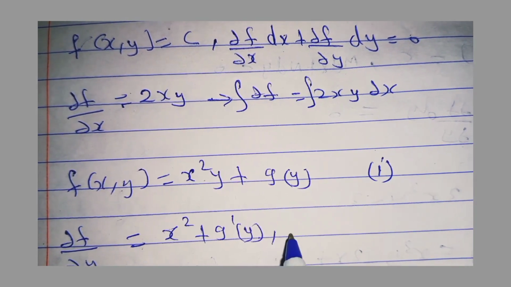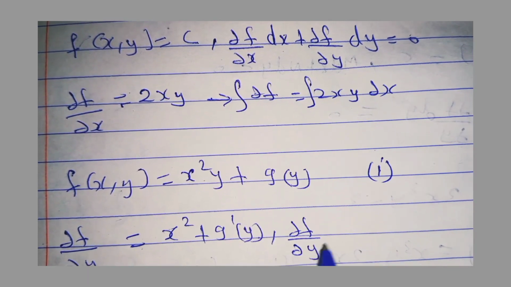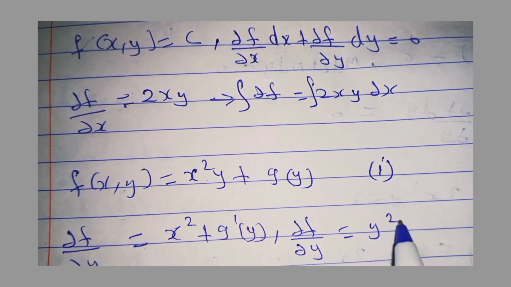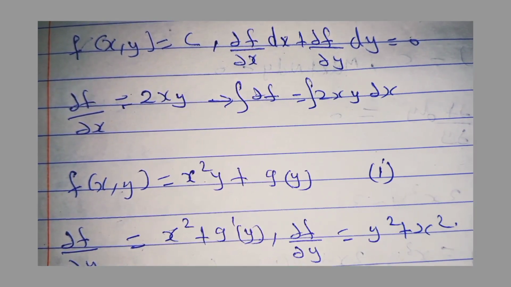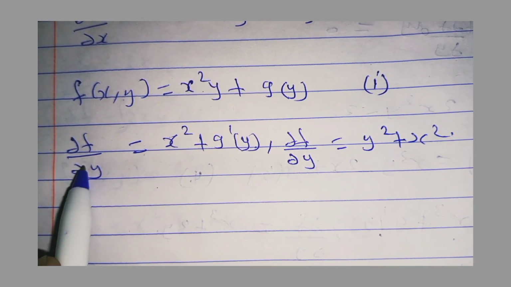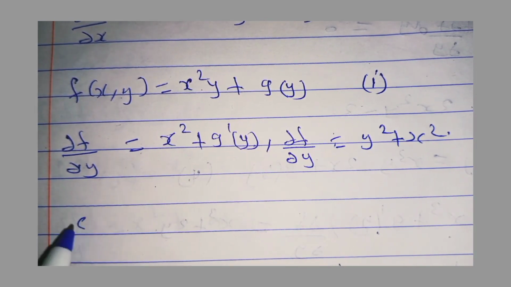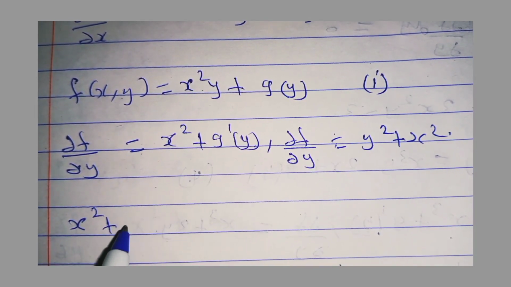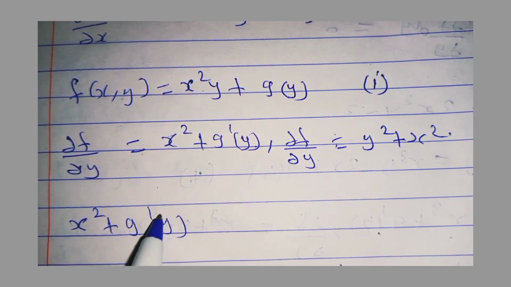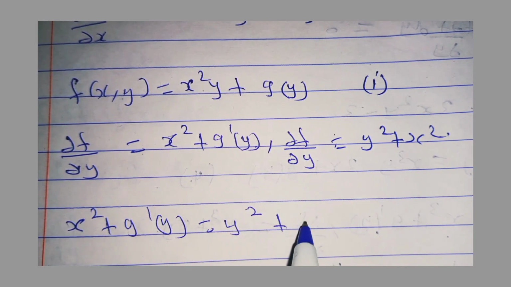Then you compare this with what we are given, partial f over partial y, which is equal to y squared plus x squared. You compare the two. So the left-hand side of this equation is equal to the left-hand side of this other equation, meaning now we can equate them. We can write x squared plus g prime of y is equal to y squared plus x squared.